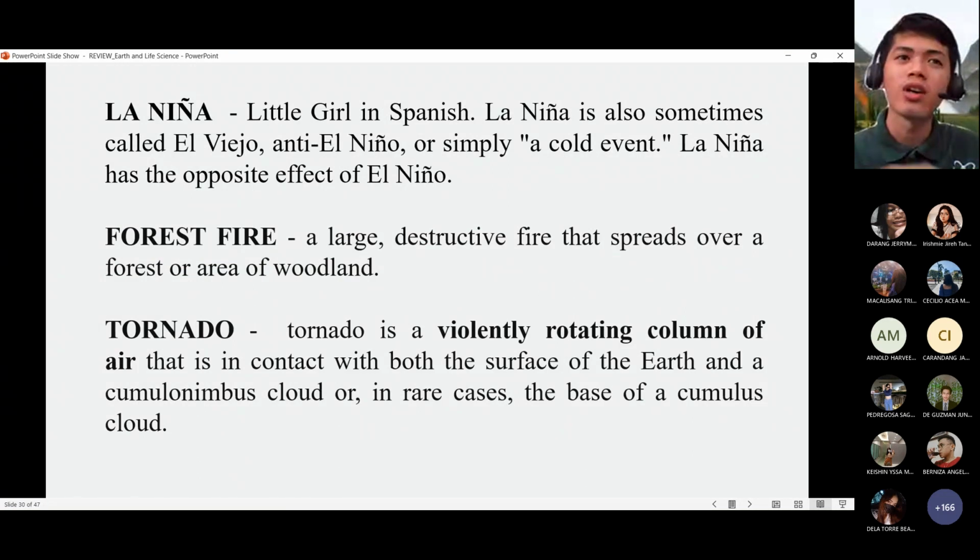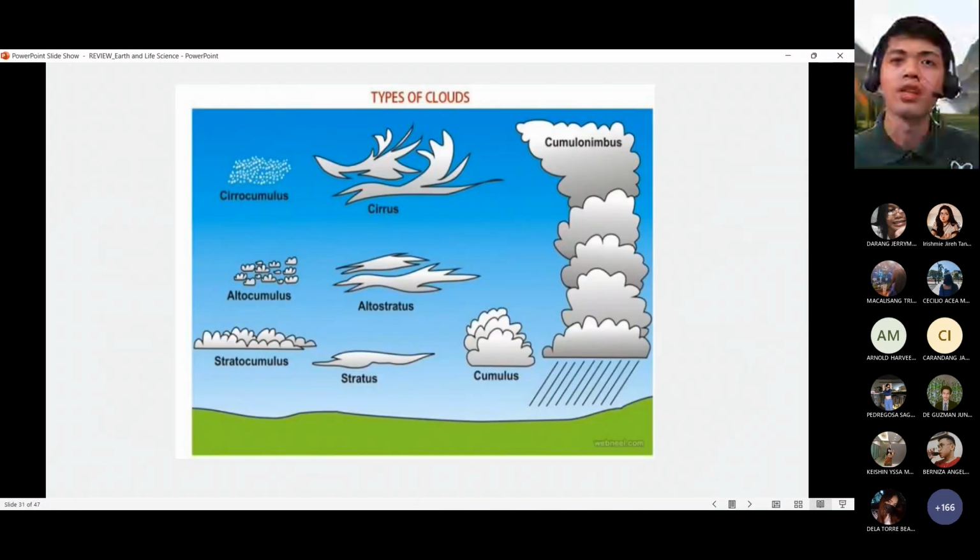And we also have the tornado. Okay, tornado, wherein, it's a violently rotating column of air. When the surface of the Earth and the cumulonimbus cloud or those cumulus clouds meet, of course, magpo-form yung tornado. Ayan po yung mga types of clouds natin. Ayan, ito yung cumulonimbus. Ayan, yung cumulus.